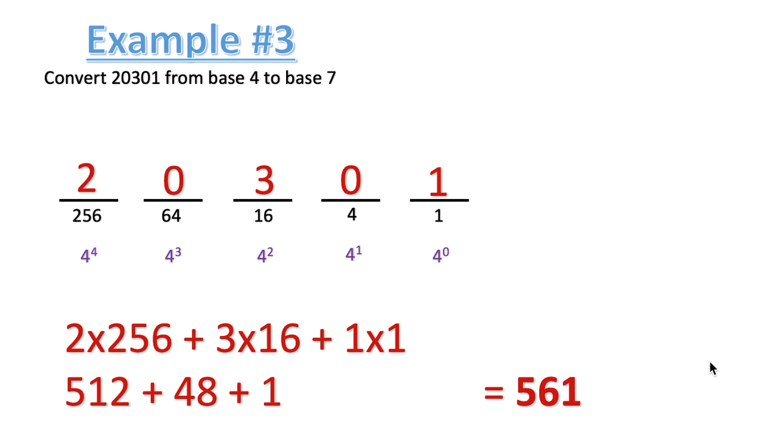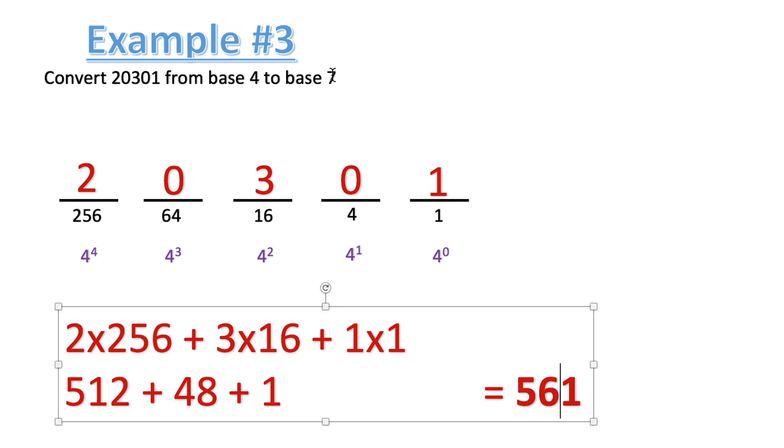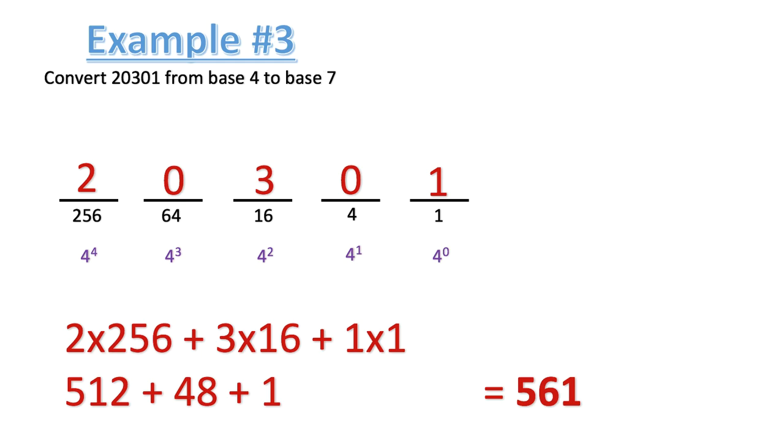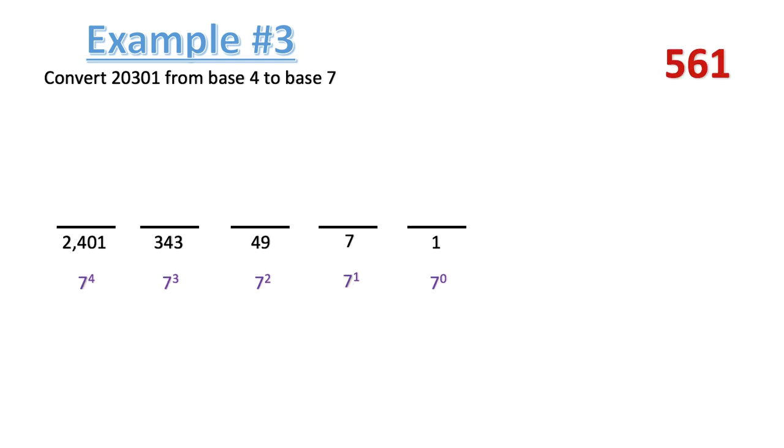Second step is now we need to get this number, 561, and drop it into base 7. So I wrote out the first 5 building blocks in base 7, 1, 7, 49, 343, and 2,401. Notice we're not going to need this block right here. It's too big. We can't use any 2,401 blocks to build the number 561. So let's look at the next block over, 343.